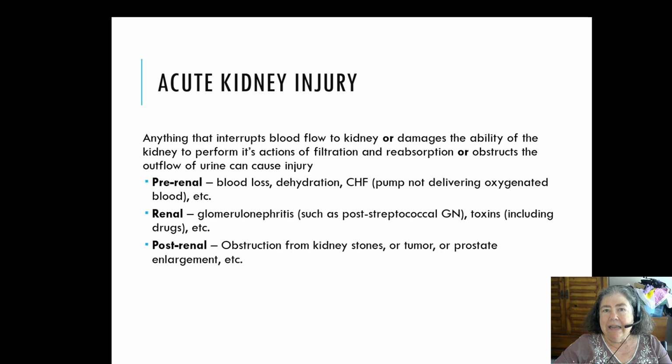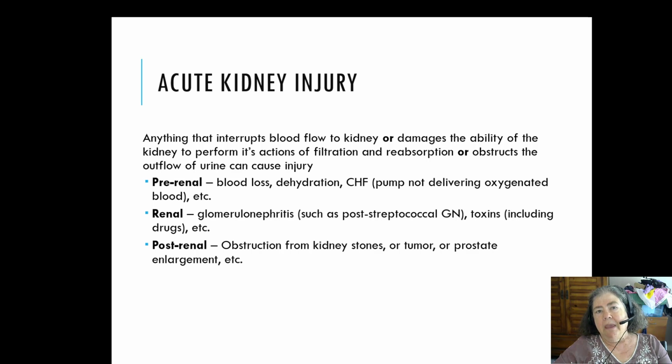Certain toxins, there are drugs that are quite renal toxic, and some mushrooms that are renal toxic. So toxins can be a renal cause of acute kidney injury. And then finally, obstruction can cause postrenal injury.